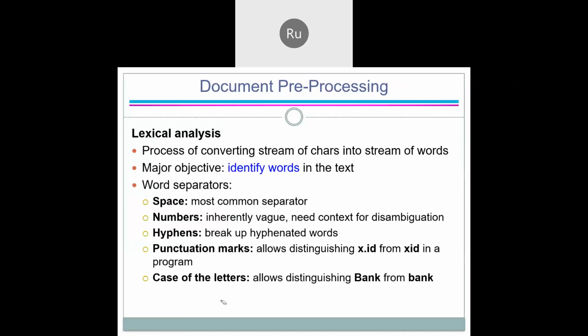All this will not be in your list. So you only use them to perform the tokenization, which means you want to identify words in the document text that you have.